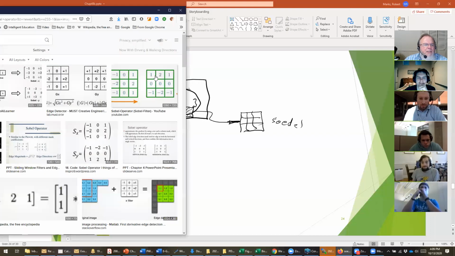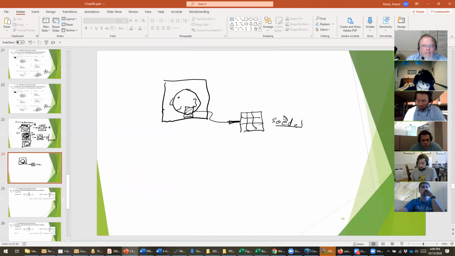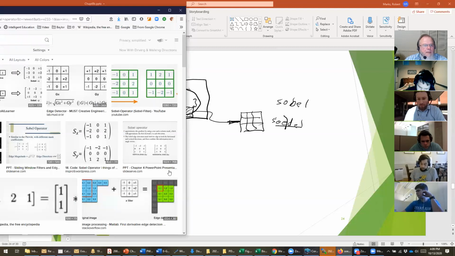Okay, does everybody see this? This is Sobel, S-O-B-E-L. A Sobel operator. Do you see this operation? This operation is for a horizontal edge.